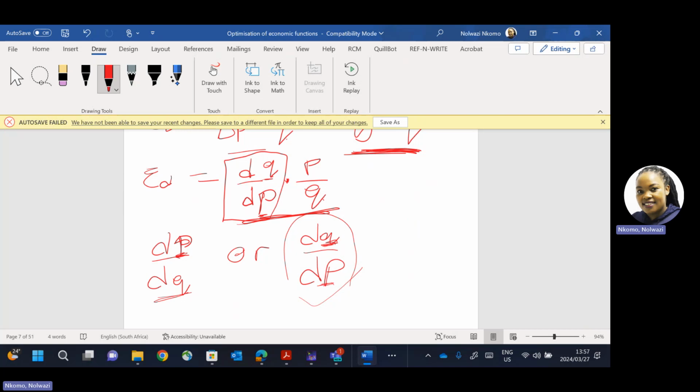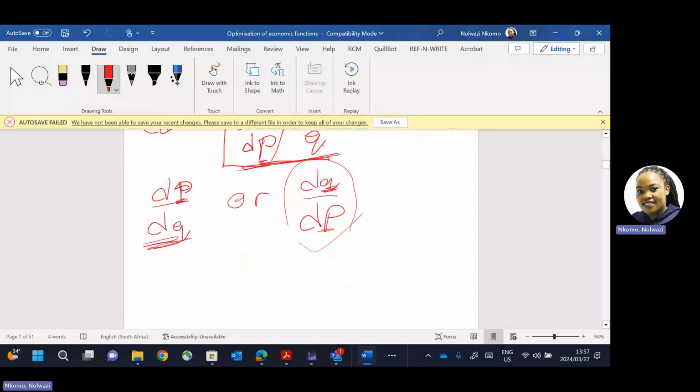If your function is given as p, you'll have the derivative of p with respect to q. If your function is given in terms of q, you'll have the derivative of q with respect to p.